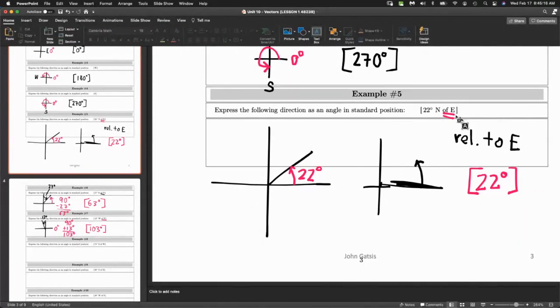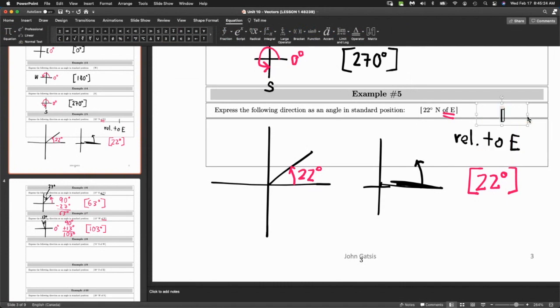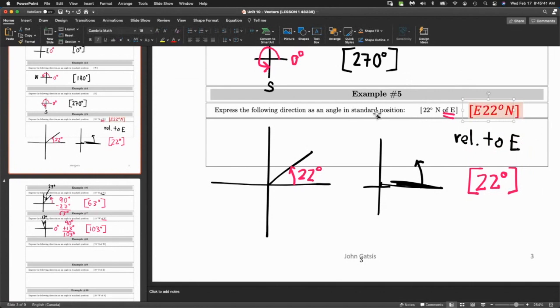Okay, so I want to go back and address another thing, and Jai brought it up, and I was about to bring it up too. This direction, you can write a different way as well, which is east 22 degrees north. So that's the alternative way of writing it. In this booklet specifically, I have done everything using the word "of".